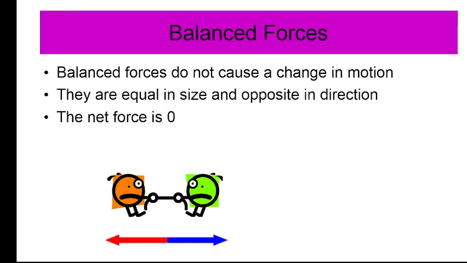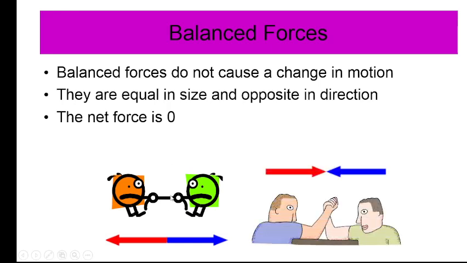We can see in the figure both persons are applying equal forces, so the net force will be zero. Similarly, in the second figure both persons are applying the same force, so the net force will be zero.